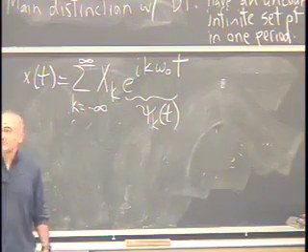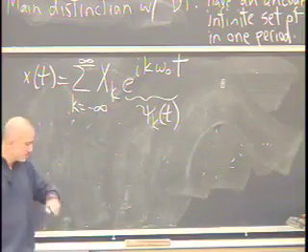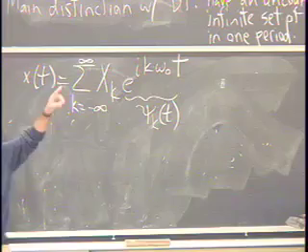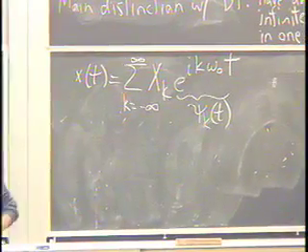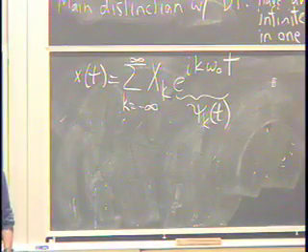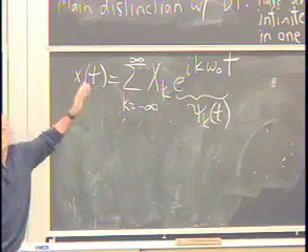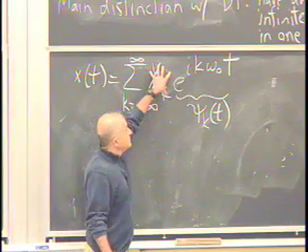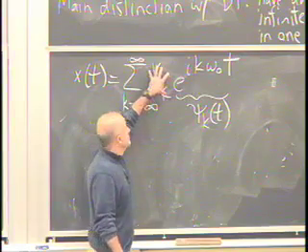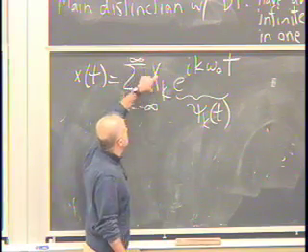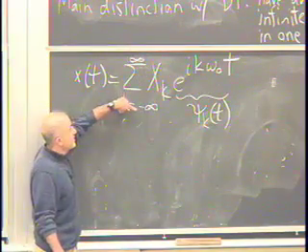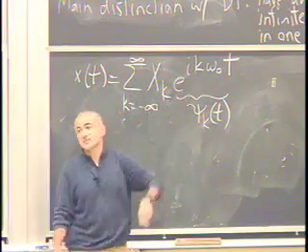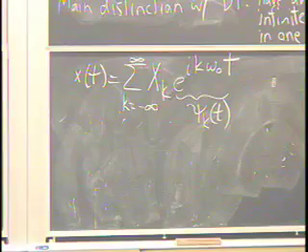So, the counterintuitive part of this whole story is that even though when I look at my signal, I have an uncountably infinite set of points in one period, there's a continuum of values, Fourier claims that I can represent that signal with a countably infinite set of functions CK.